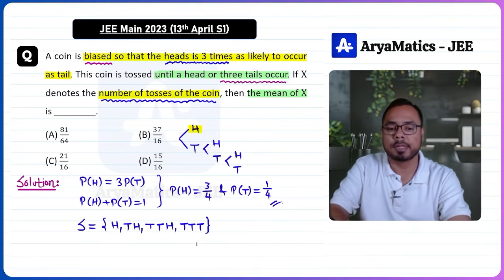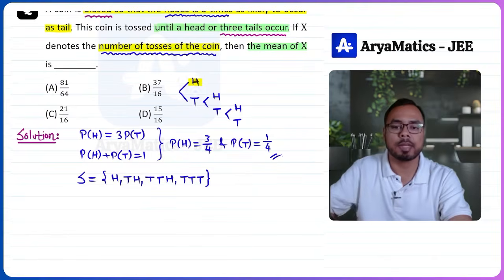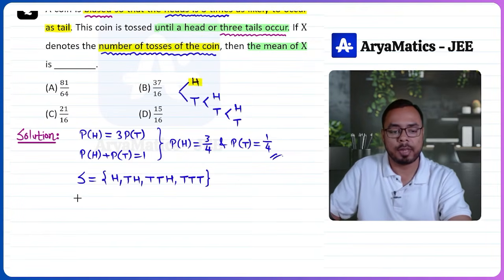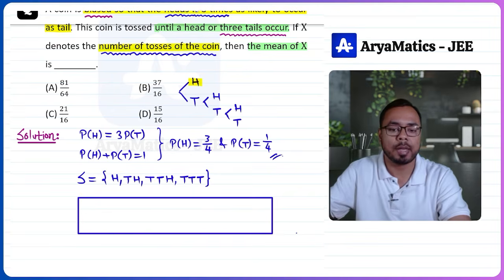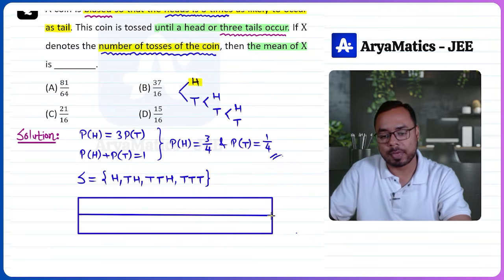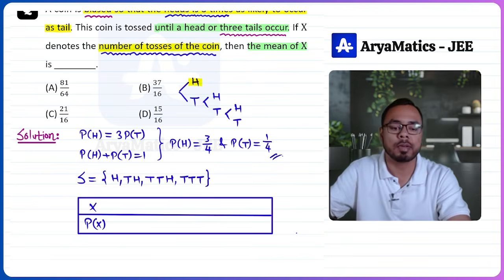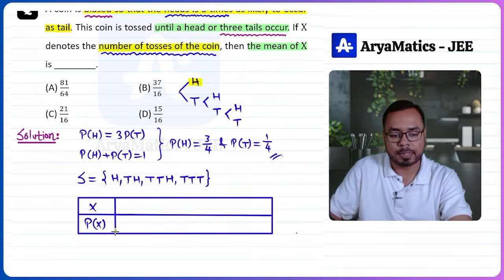Now x is representing the number of tosses of the coin. So as you can see, the value of x will be either 1 or 2 or 3. So let us create the probability distribution table for x. On one side we'll write x, and on another side we'll write the probability of a particular value of x. So one possibility will be that x is 1.